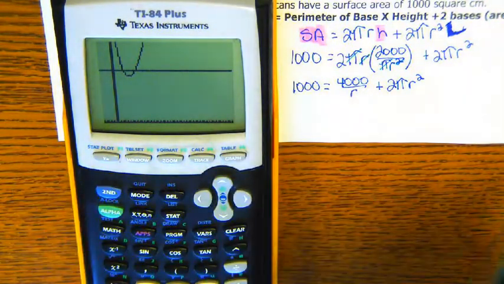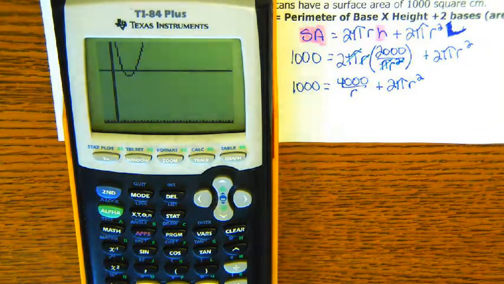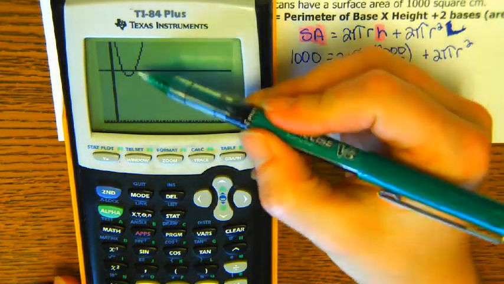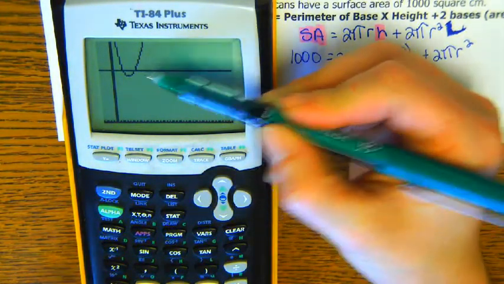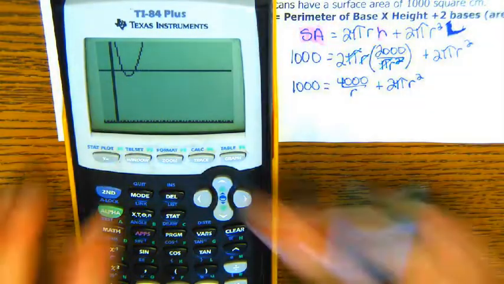All right. Let's see. Who's got it on their calculator? Over here, this half the room, would you find the one to the right for me? Okay. And over here, find the one to the left for me.